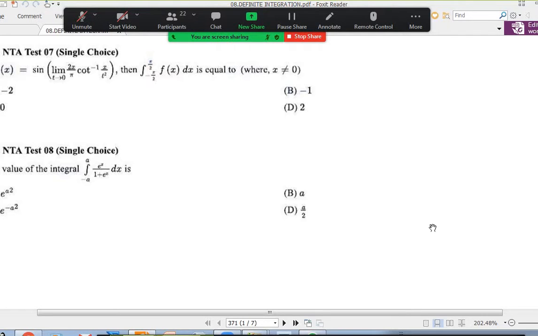Okay, seventh question, f of x is sine of limit t tends to 0, 2x by pi, cot inverse x by t square.